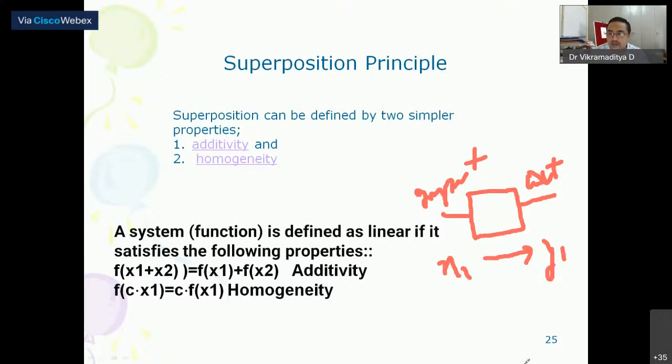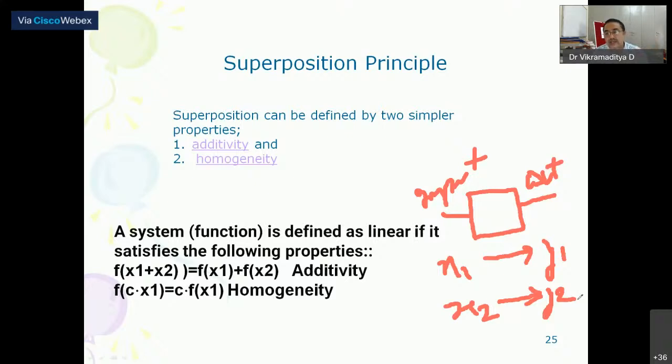Now I am again applying another input x2, and let's say its output is y2. In terms of the resistor, let's say I have applied a voltage V1 and get a corresponding current I1. Second time, I am doing another experiment on the same resistor. I am applying a voltage V2 and getting an output I2.